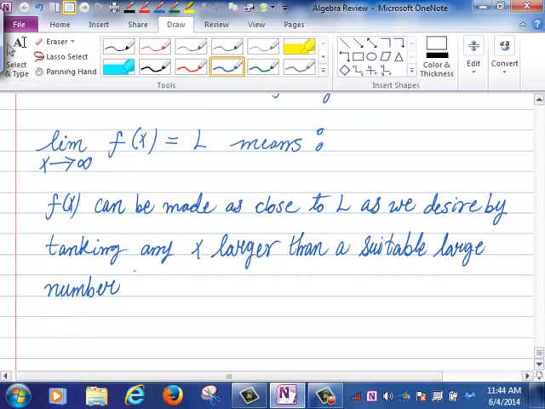Let's say, suitable large number, what should I use? Let's say capital N.